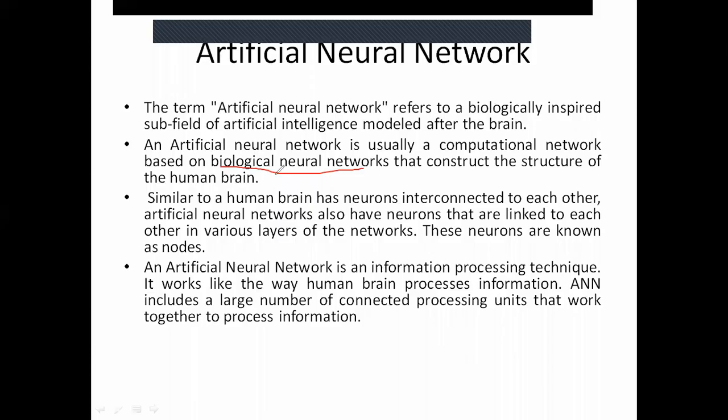In our brain there are billions of neurons. Whatever we do, suppose you are moving your hand or touching something very hot, we abruptly move our hand away from that thing.